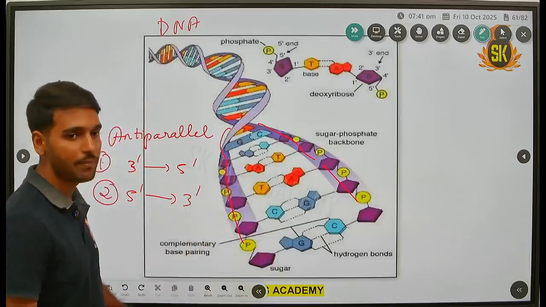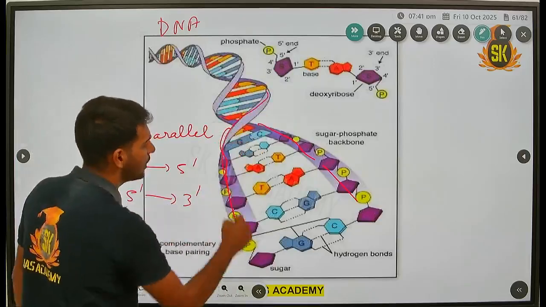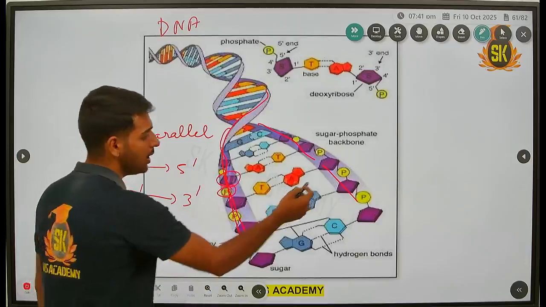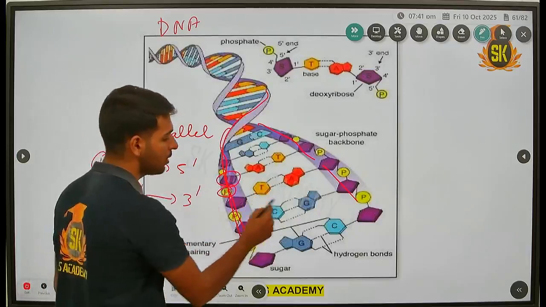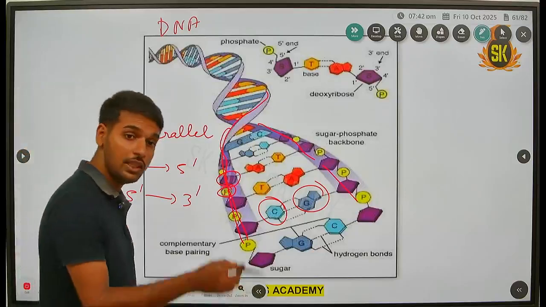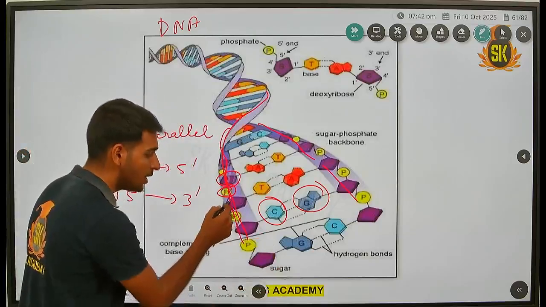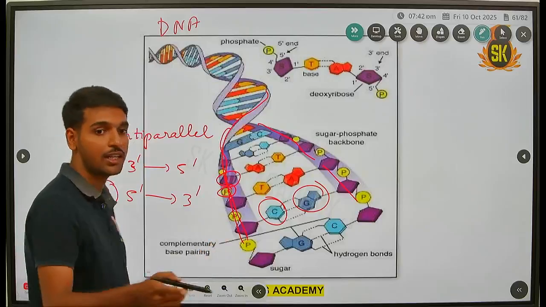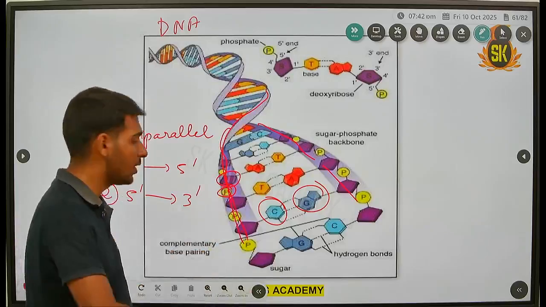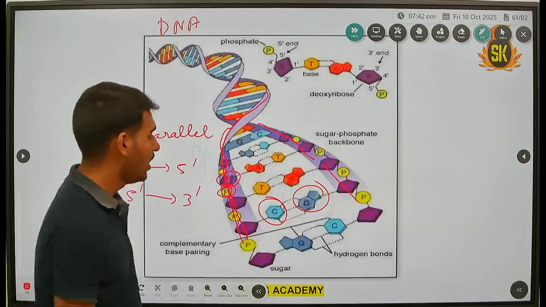This strand contains phosphate and sugar, whereas the connection is formed between nitrogenous bases. One nucleotide and another are connected by phosphodiester bonds. Phosphate and sugar are connected by phosphoester bonds. Sugar and nitrogenous bases are connected by N-glycosidic bonds.